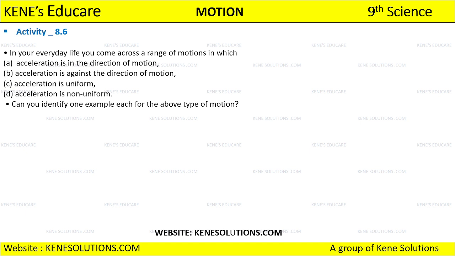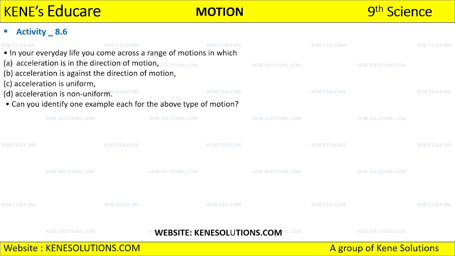Okay, then the second one is acceleration against or opposite to the motion. In that case the reverse is also true, right? In the first one velocity was increasing with time, but when acceleration is against the direction, velocity will decrease with time, and the acceleration is in the opposite direction of the motion.